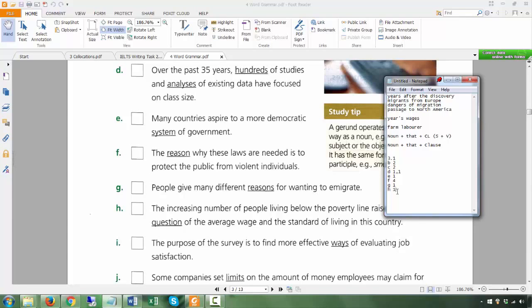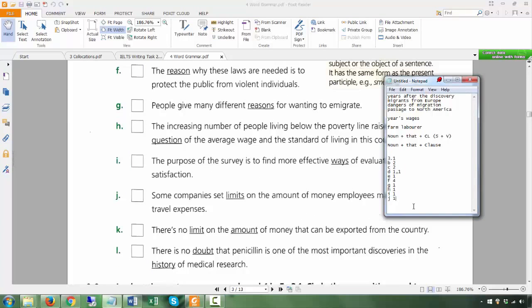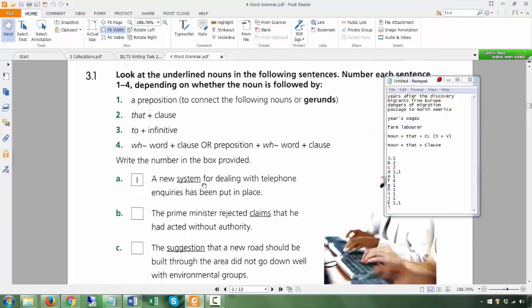Question of, so it's preposition. Ways of, so it's also preposition. Limits on, it's a preposition, a different preposition, on. Limit on, amount of. Lastly, doubt that, what number is that? That is 2.